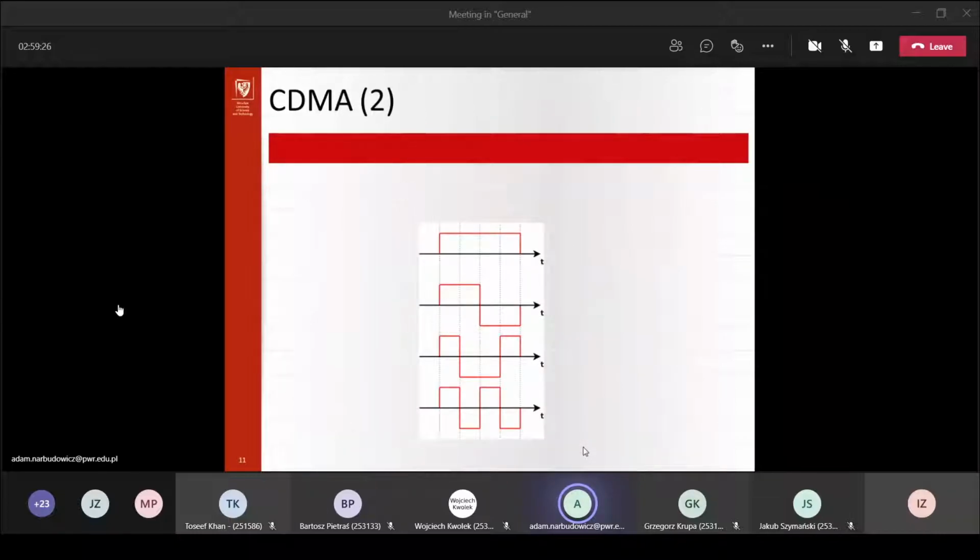Okay. So, for example, those would be the 4 orthogonal codes, right? So we have, let's say, high pulse. Well, okay, let's call 1111, 1100, 1001, and so on.